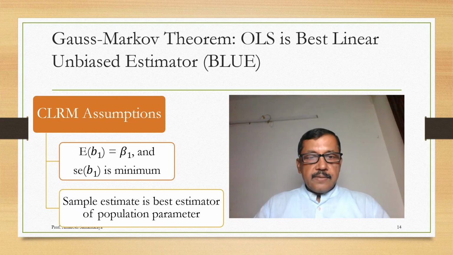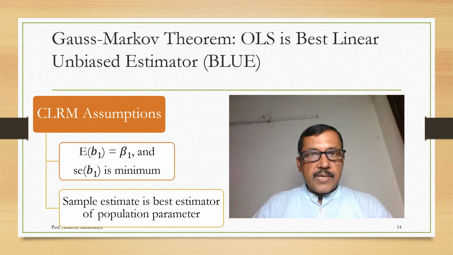Let me explain again. I think there is a scope of confusion. Please listen to me carefully. I am telling the probability with which I have chosen a particular sample. Accordingly, I am getting a particular estimate of beta 1.